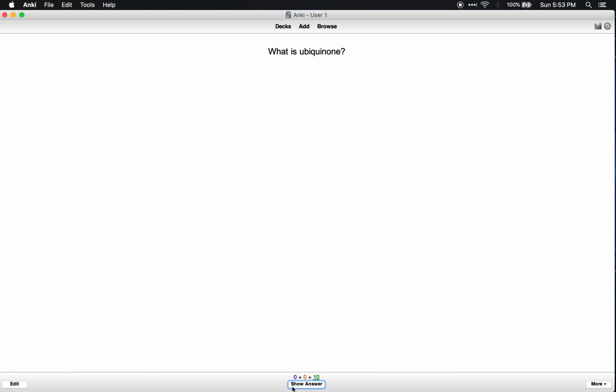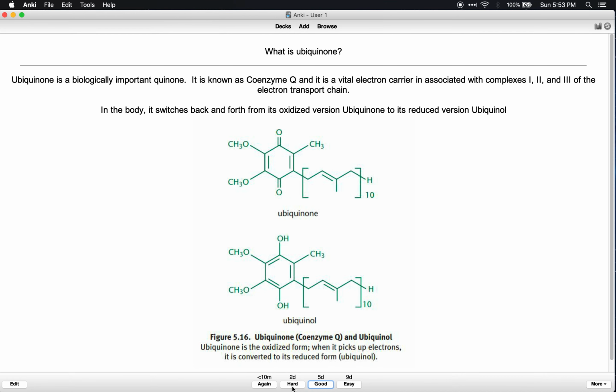Ubiquinone is a biologically important quinone known as coenzyme Q. Oxidized version is ubiquinone, reduced version is ubiquinol.